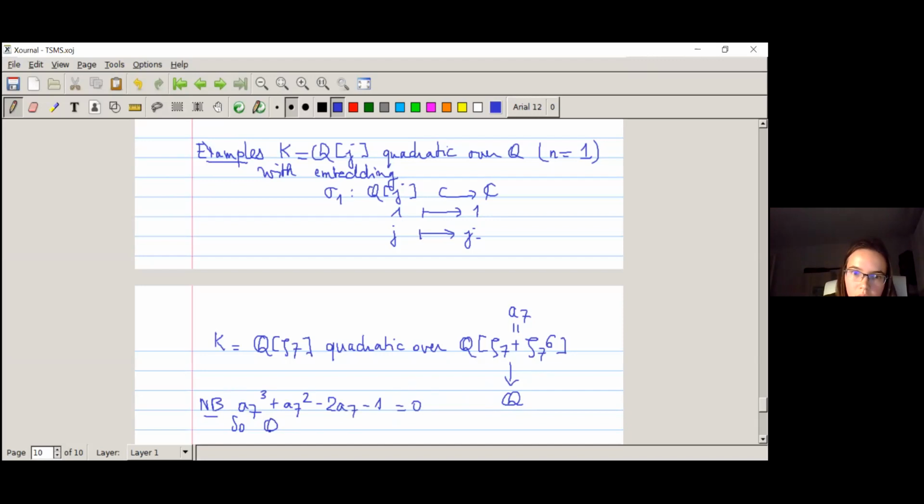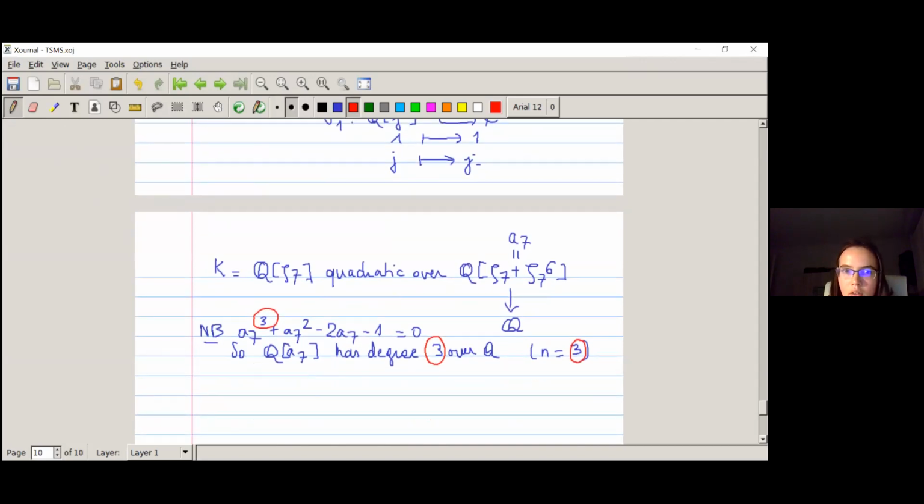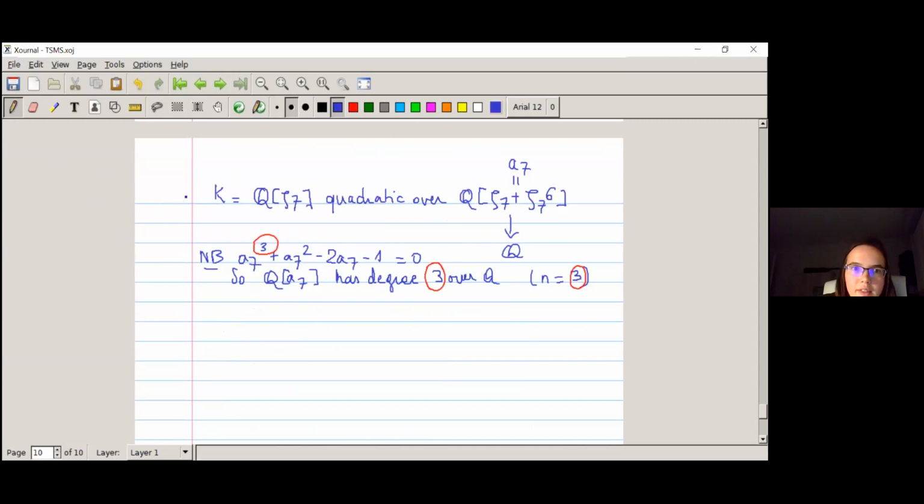So Q A7 has degree 3 over Q, because of this 3. So that's another CM type. And that's the one we're interested in.